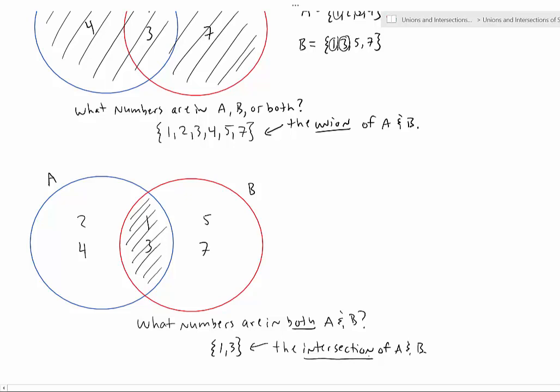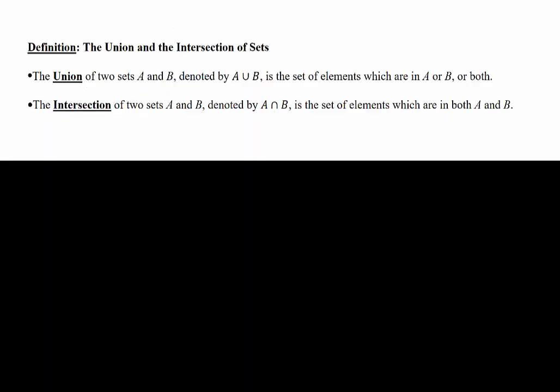So, what is the definition of the union and the intersection of two sets? We'll see it right here below. The union of two sets, any collections A and B, is denoted by A union B, right here.